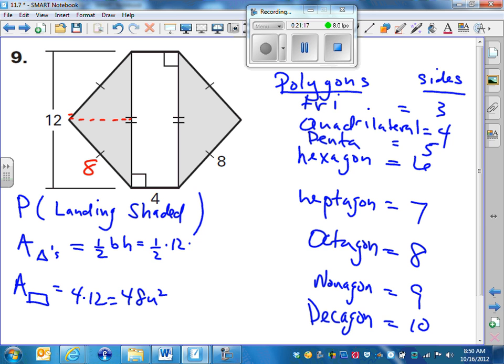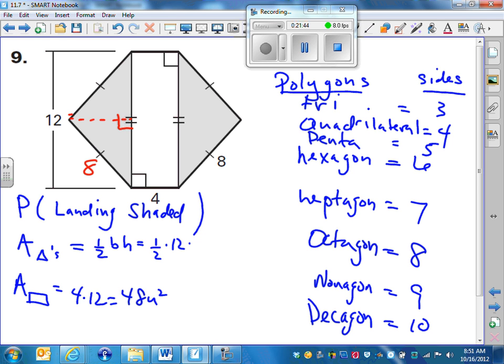Now, does it have a dimension on the height, though? Is it listed? Is there, at the moment, a logical thing that we can state that fits the definitions of what a right triangle looks like? All right. Can we say that the height, or this distance across this way, is 12?